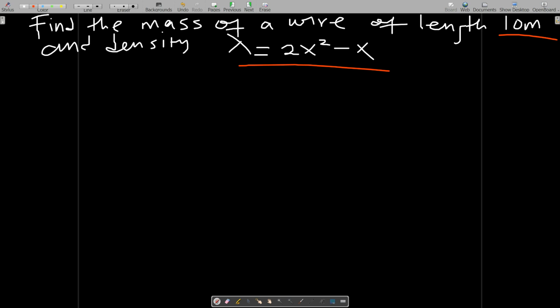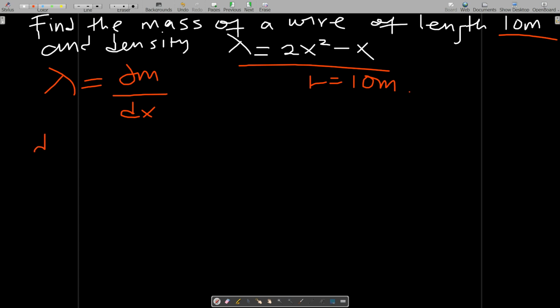Now, if you remember, in our previous videos, we said that the density of any substance is equal to dm over some dA or dV. For a wire, since it is just 1D, the density is given as dm over dx, where x will run from 0 to the total length L, which is 10 meters. Lambda is given to us as 2x squared minus x.